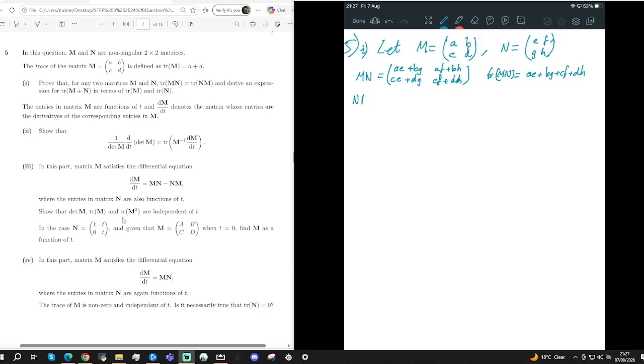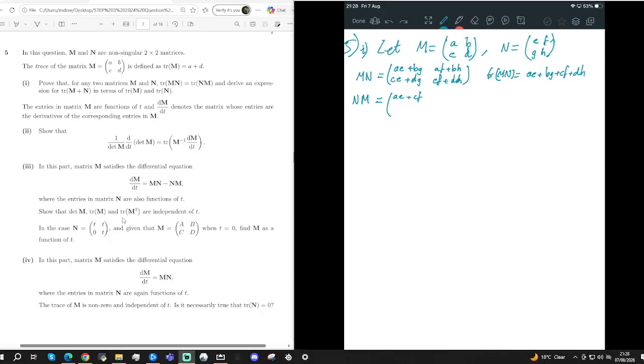Now let's hope when I multiply the other way round, it's going to give the same diagonal elements, maybe in a different combination is what I'm expecting. So this time it's going to be AE plus CF. Again, I'm just looking at that times that.